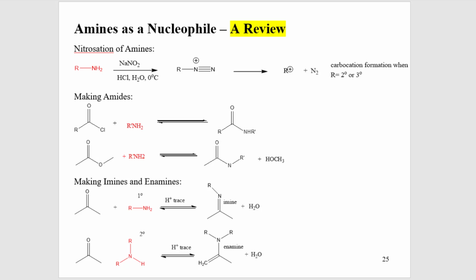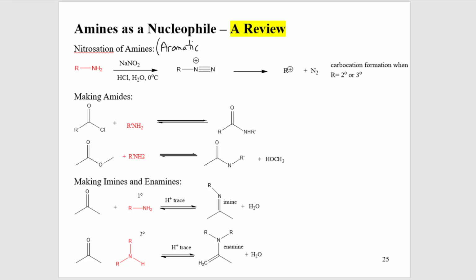And this brings us to one of our last slides, amines as nucleophiles. So this is all review. This is just in context of old reactions that we've seen, so I didn't put them in flashcard mode because you guys already have these. But if you go back to our aromatic chapter, I told you that there was a reaction that was not actually in the aromatic chapter because it actually was in the amine chapter.